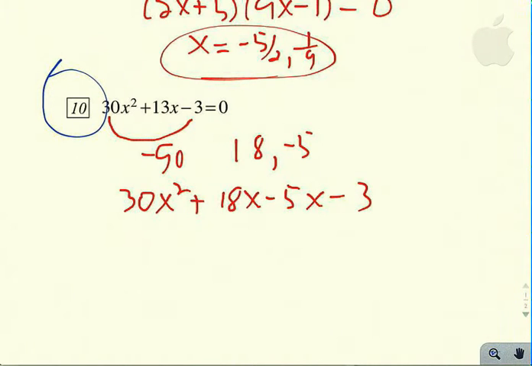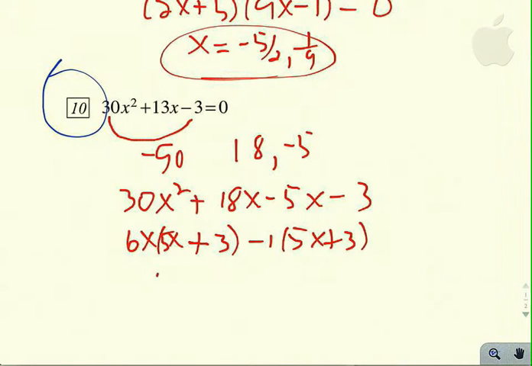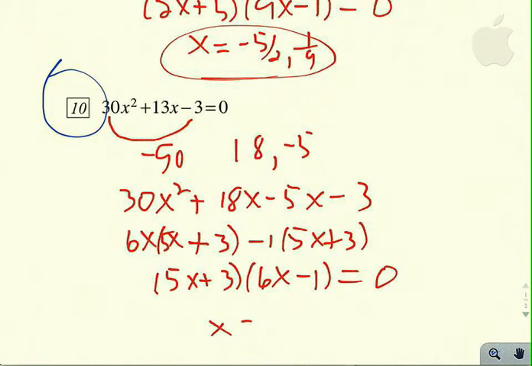Use grouping, take out 6x. Oops. And take out a minus 1 out of the last two. So you have 5x plus 3 times 6x minus 1 equals 0. X is minus 3/5, or 1/6.